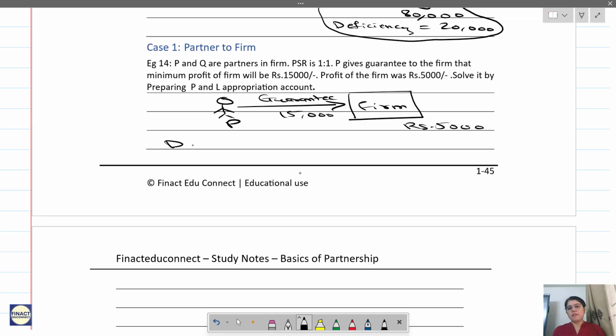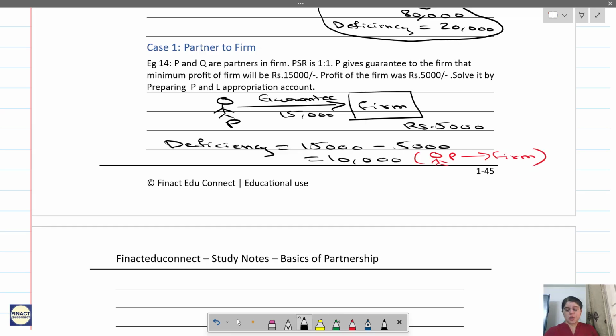So what is the deficiency over here? How much is the deficiency? Deficiency is guaranteed profit, that is 15,000 minus 5,000. So deficiency over here is 10,000. Now this deficiency of 10,000 will be given by P to firm.